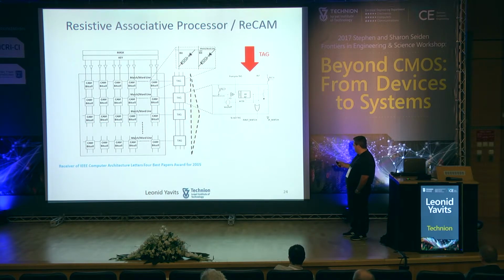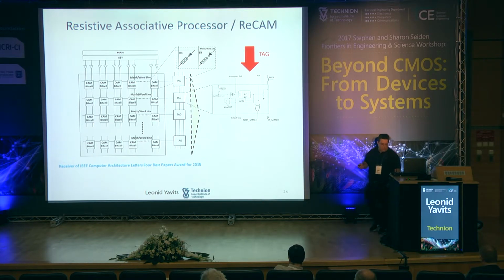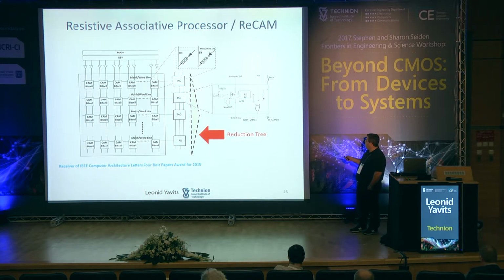The second element is this tag array or tag chain, which consists of a little memory cell, not necessarily a flip-flop, could be just an SRAM memory cell, maybe a resistive memory cell, which holds the result of compare to affect the write in the next cycle, plus some additional logic, which is used in some additional associative operations.